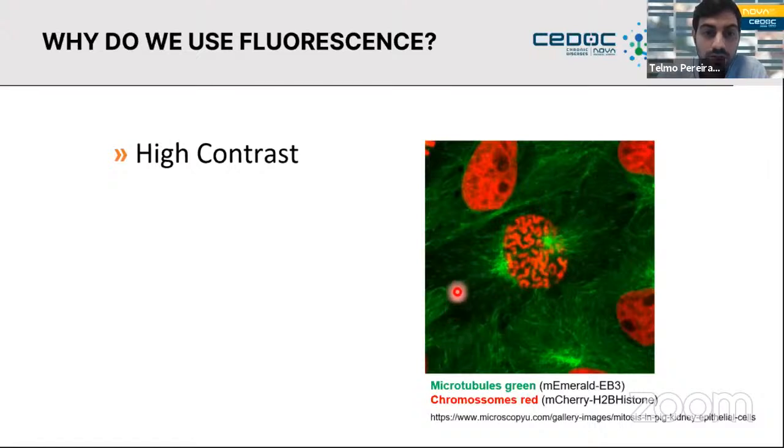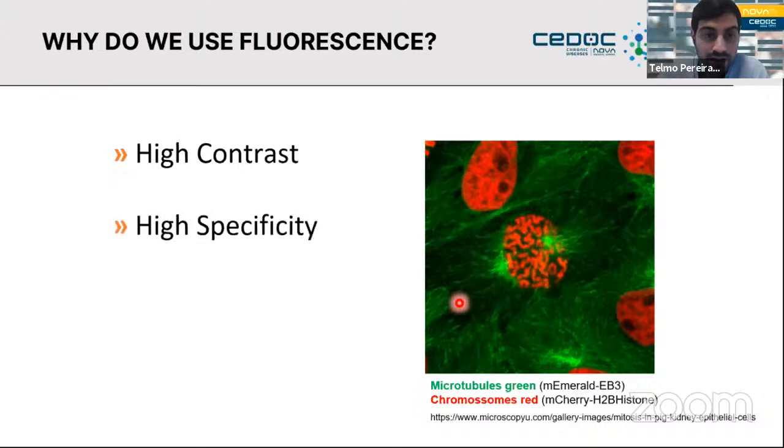So usually you get almost dark background and very high signal. So the signal to noise ratio usually is very high, and you can see clearly the structures that you want to see, and the background is very, very faint. So in this case, you can see these microtubules very well in this image, and also the DNA, so the histone marked here in red.